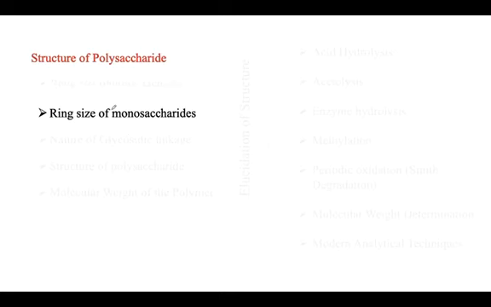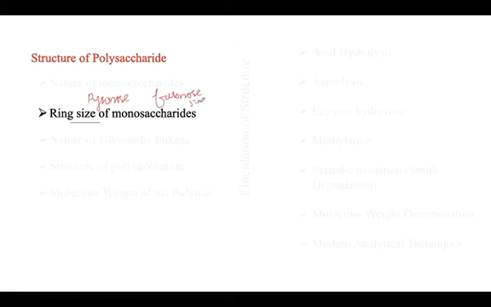Then there is another one, that is the ring size of the monosaccharide. It is also important to know the size of the ring, whether it is in the pyranose form, that is a 6-membered ring, or furanose. As I said, in the case of inulin, it is the furanose form of the fructose ring, a 5-membered ring.